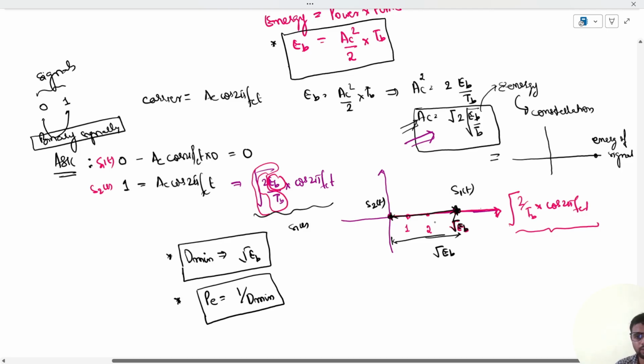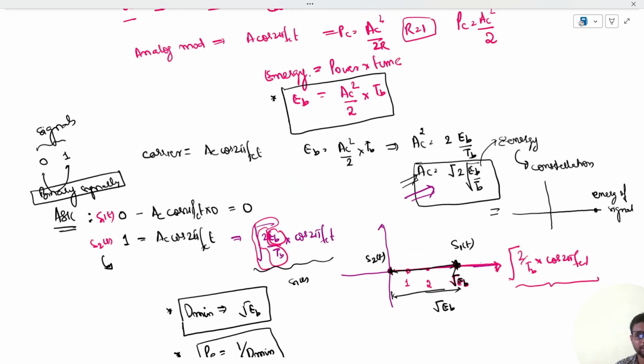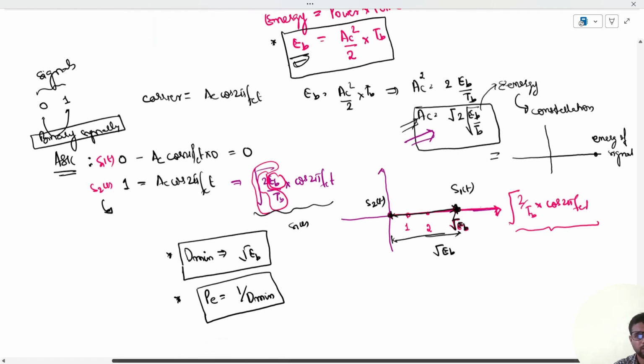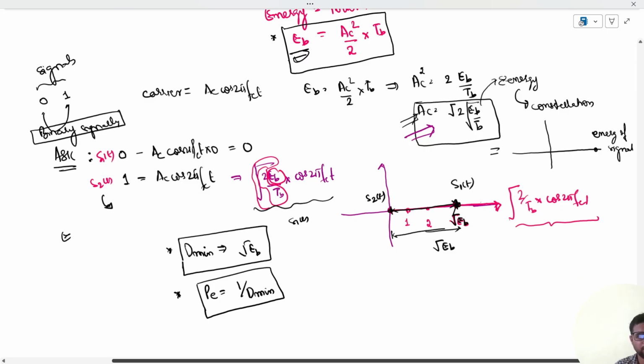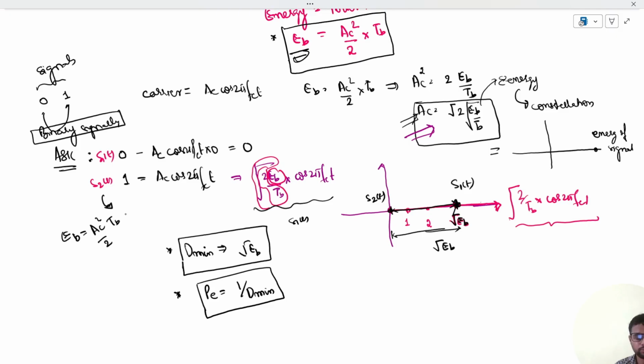Also, the energy of S1(t) is nothing but Eb, which we have figured out here, given as Ac square by 2 into Tb. So in this constellation diagram, the distance of S1(t) from the origin is root over Eb.